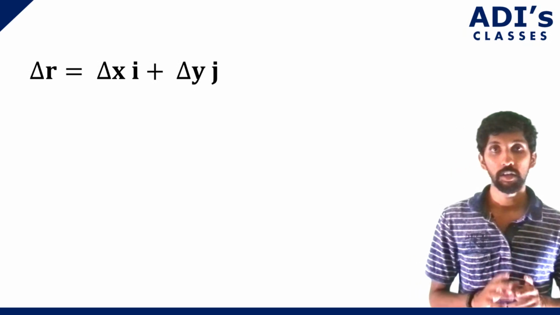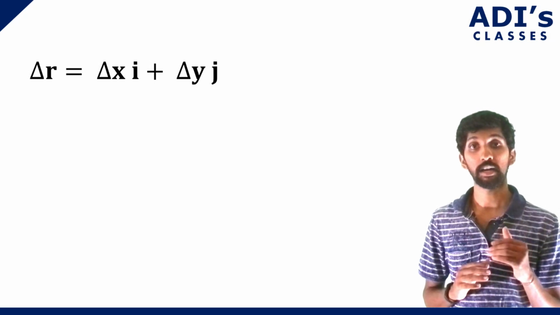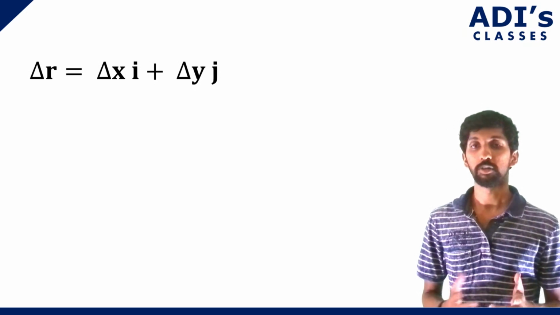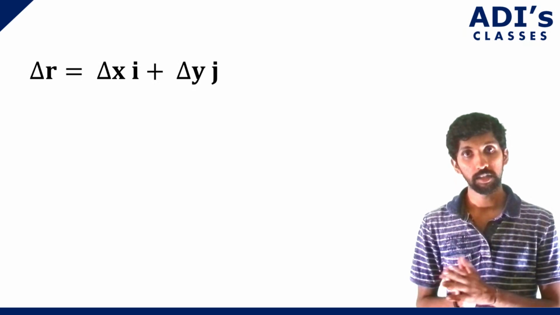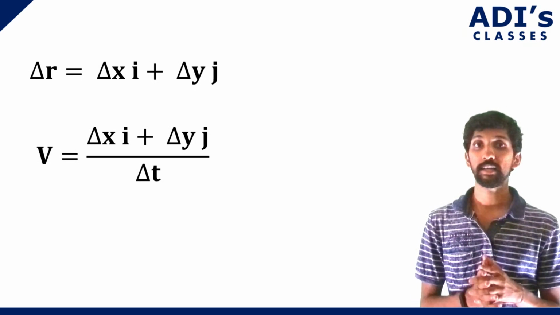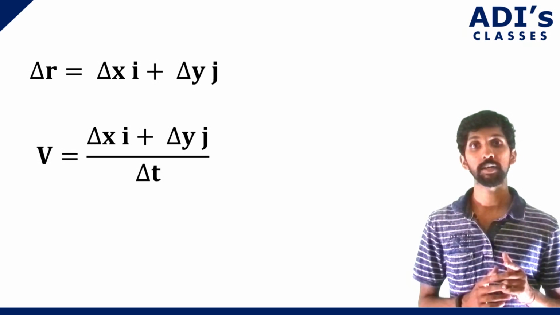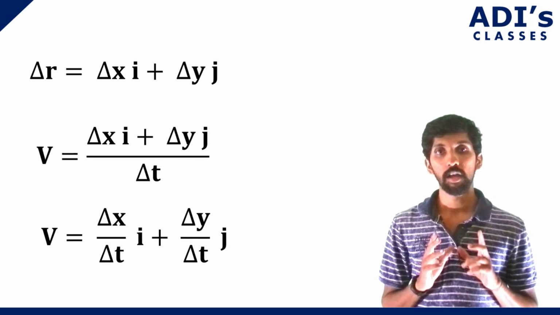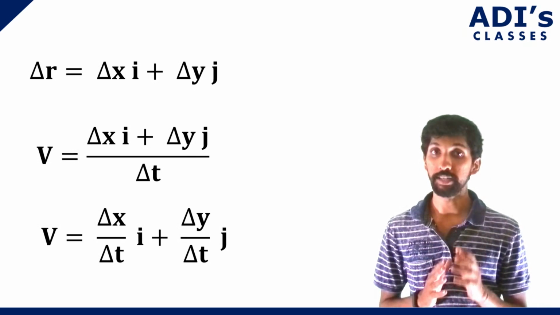Velocity was given to be delta r by delta t, so if you substitute this, we get delta x i plus delta y j divided by delta t, which is the same as delta x by delta t into i plus delta y by delta t into j, right?